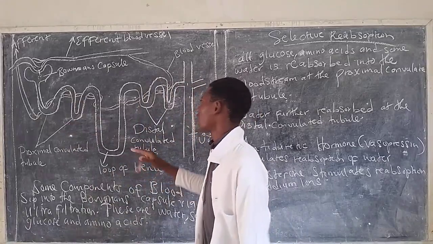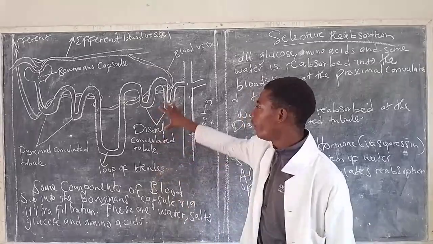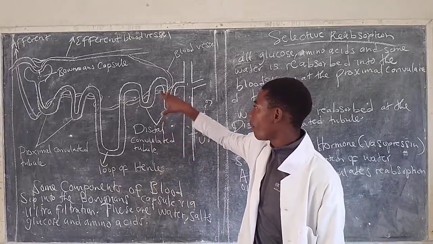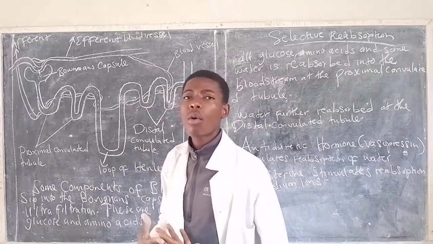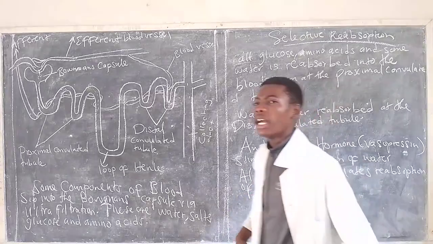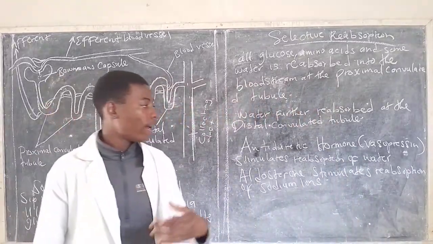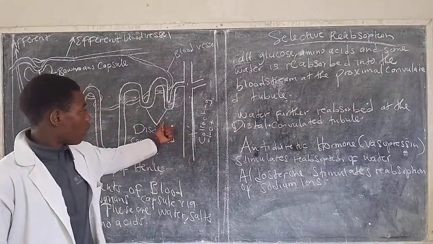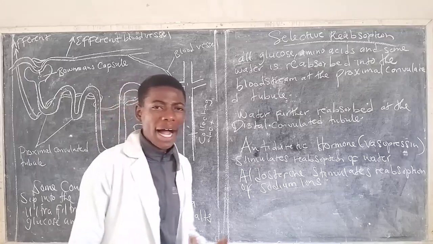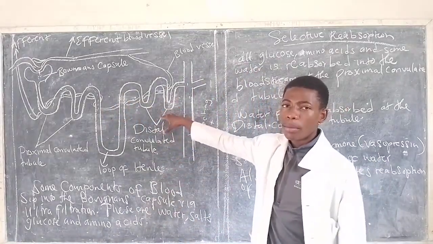That is what happens. The other hormone upon which the nephron works is the hormone which we call aldosterone. This hormone stimulates the working of the nephron by increasing the permeability of the kidney tubules.